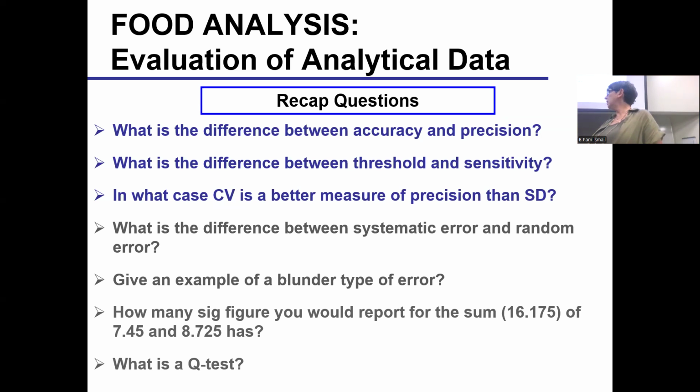Quickly, who can tell me the difference between accuracy and precision? All right, Owen. Mostly accurate, whereas precision is more close. You got it. So accuracy is how accurate it is, how close to the true value it is.